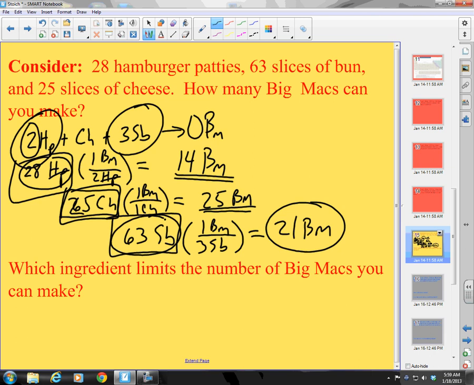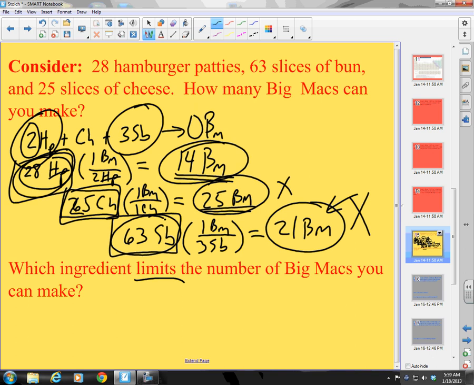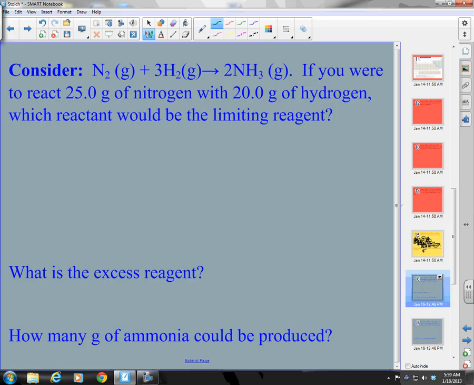Can I really make 21 Big Macs if I only have 28 hamburger patties? No, I can't really make that. Can I make 25 Big Macs if I only have 28 hamburger patties? No. The most I could make if I have 28 hamburger patties is 14 Big Macs. Got it? So which ingredient limits the number of Big Macs? Hey, the hamburger patties do. Okay, great. Let's move on.